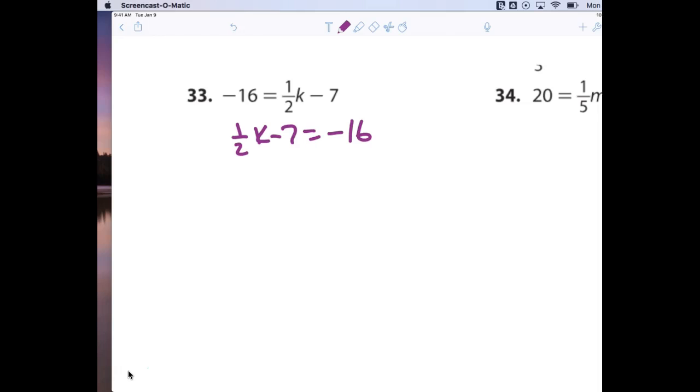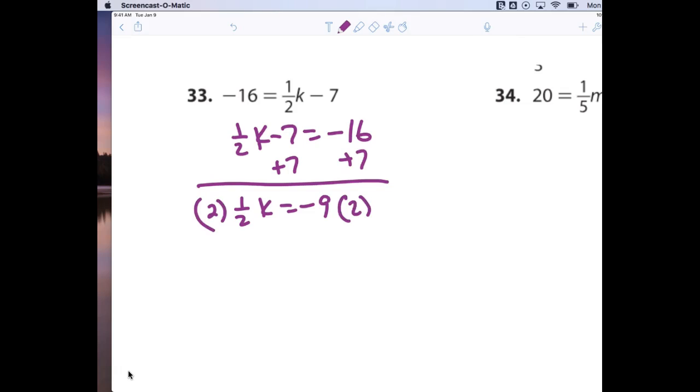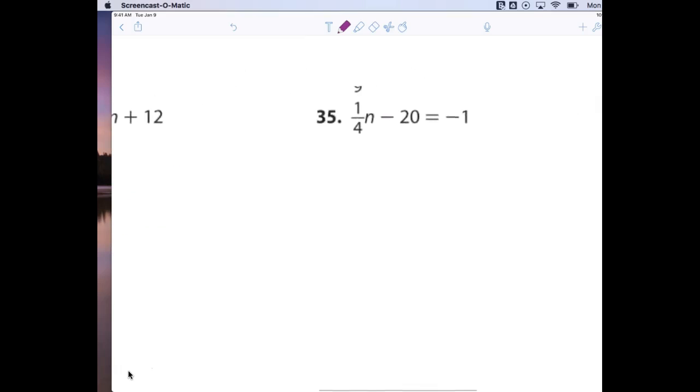All right, that's what I agree. I would write it like that first. Now what? Add 7 to both sides, and that is negative 9. And then you multiply by the reciprocal, which is? Yes. Very good. Negative 18. Very good.